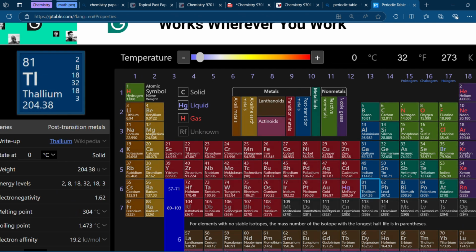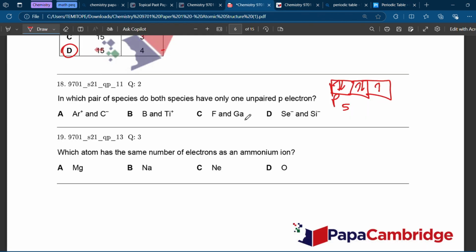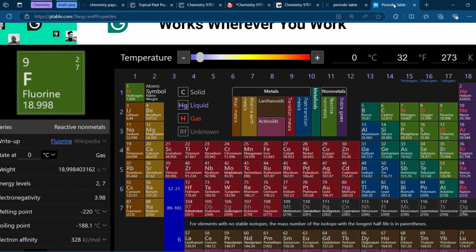In which pair of species do both species have only one unpaired p electron? Elements in the p subshell come like this, and each block can hold 2 electrons. So for only one unpaired electron, it must have a p5 for that to occur.